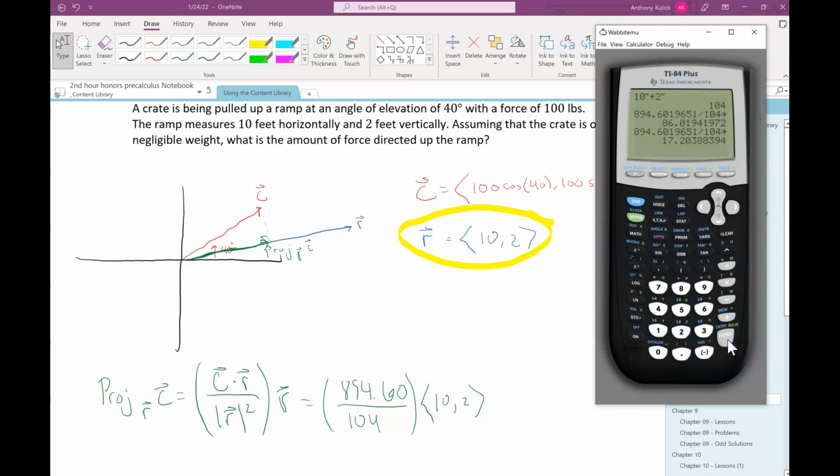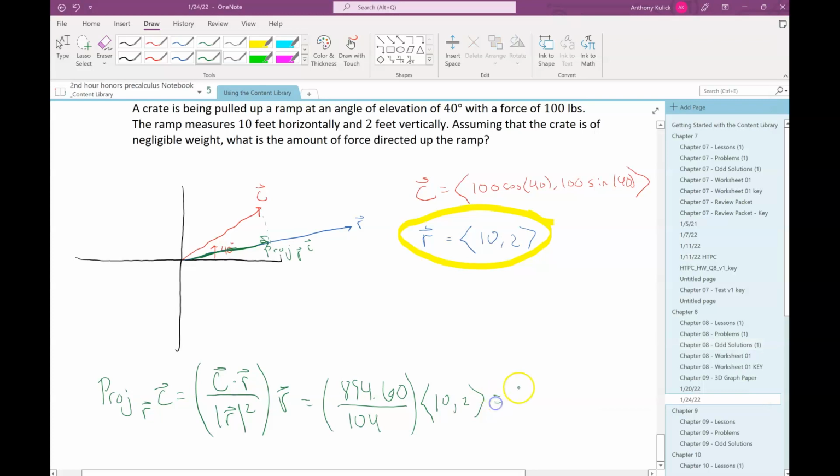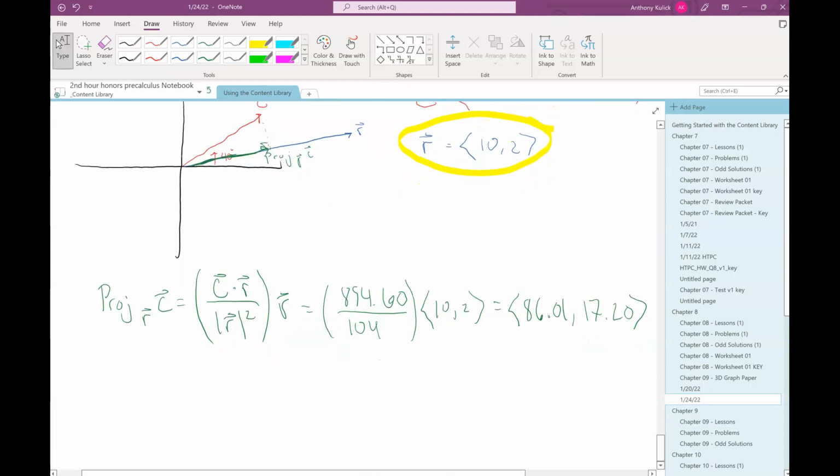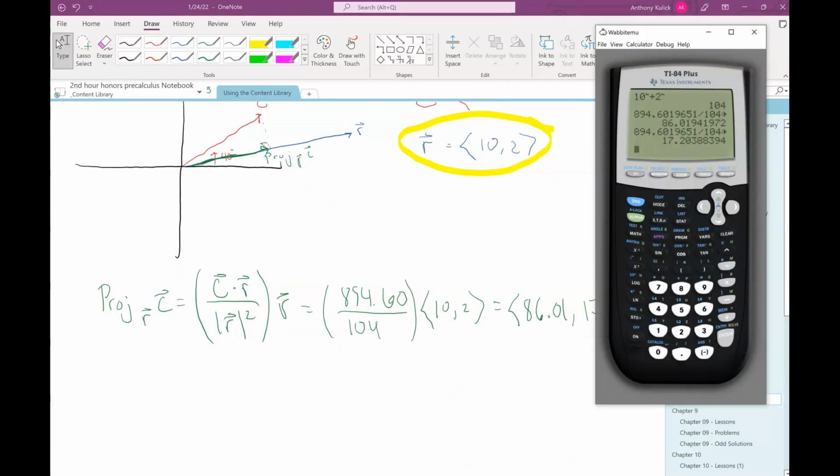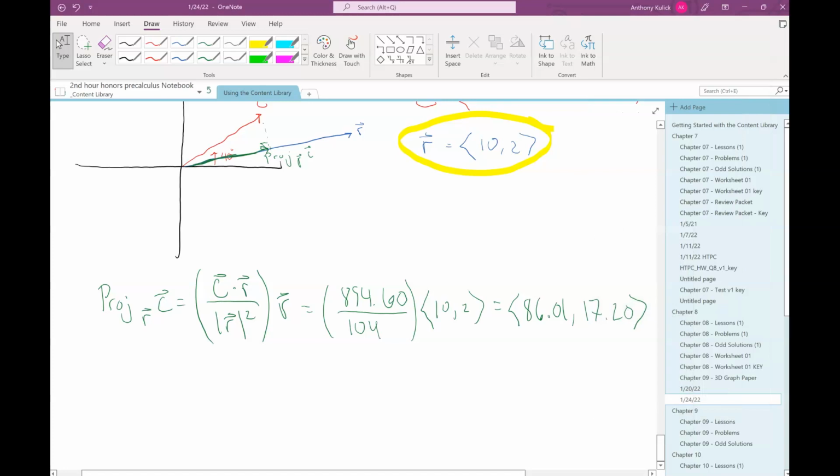So I get 86.01 and 17.20. Oh, 86.02, sorry.